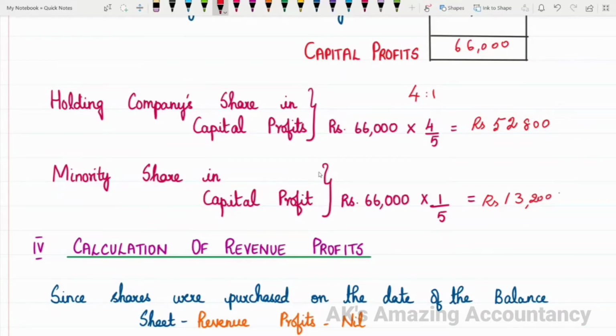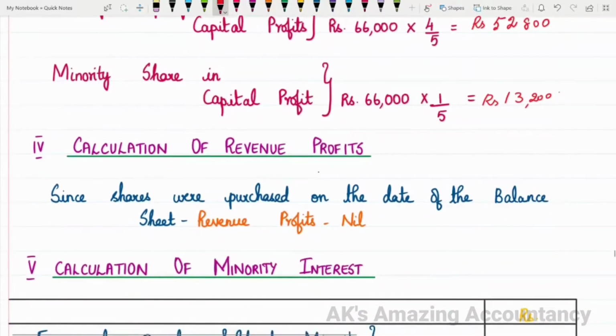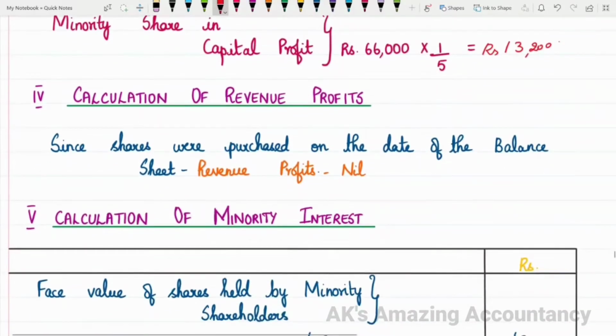Okay, so this is how you have to treat the issue of bonus shares and also overvaluation and undervaluation of the assets concerned. Okay, let us now proceed with the next information, that is regarding calculation of revenue profits. This is a problem where the holding company acquires shares in the subsidiary company on the date of the balance sheet itself.